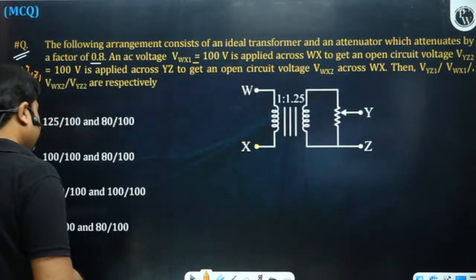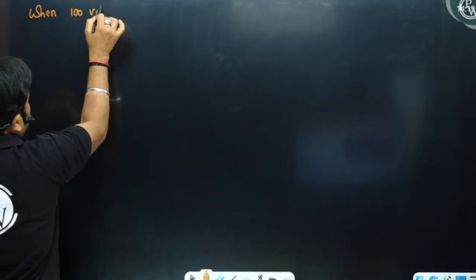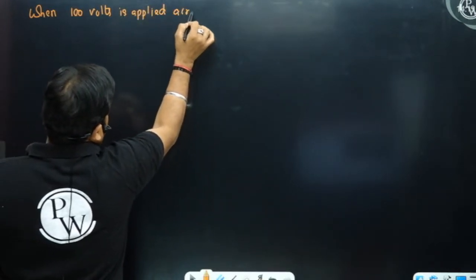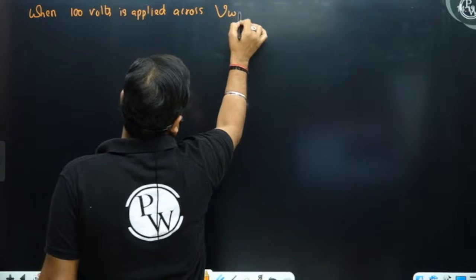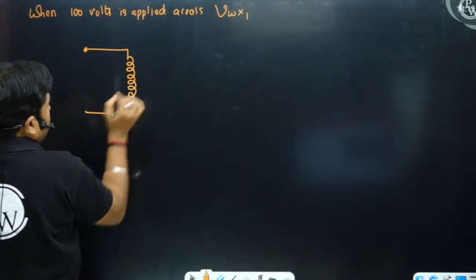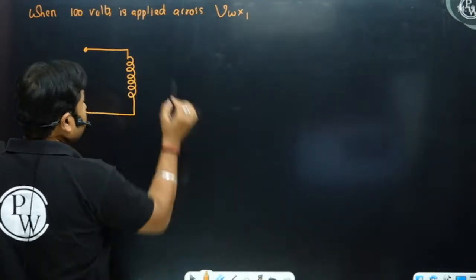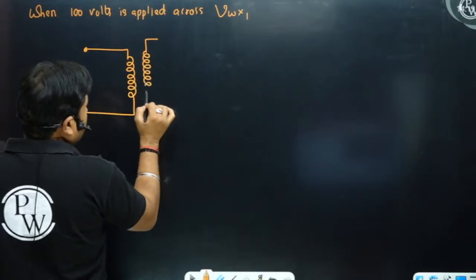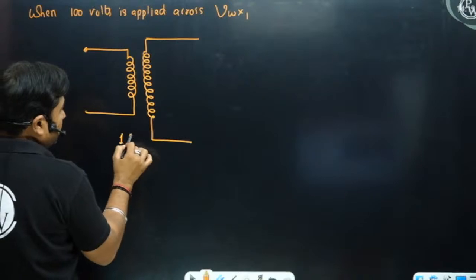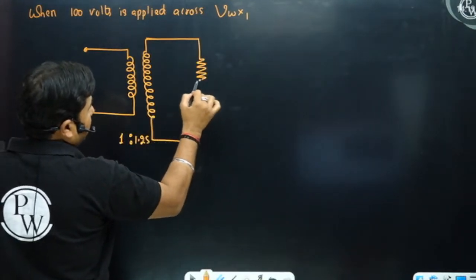Now please observe. When 100 volt is applied across VWX1, please observe. This is 1:1.25 turn ratio, and we have an attenuator.